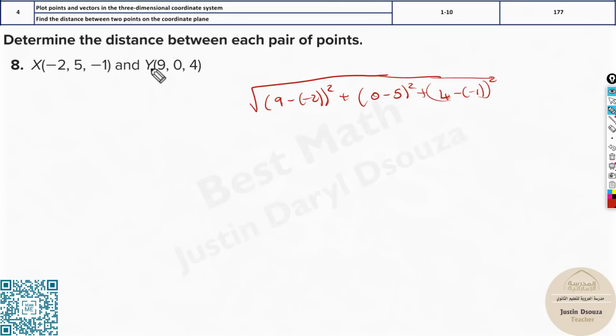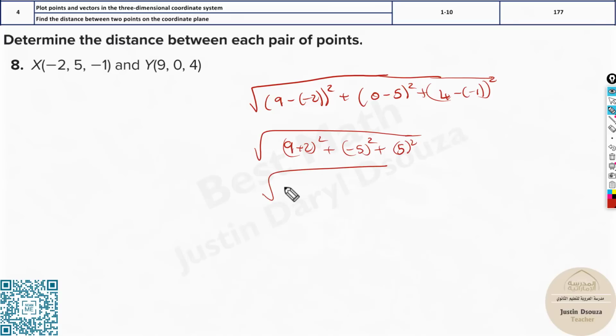Because it's x2, 9, minus x1. x1 is already minus, so we use the bracket. Now here 9 minus of minus will become plus 2, the whole squared, plus minus 5 the whole squared, plus 4 minus of minus 1 will be 5 whole squared. Now we have 9 plus 2 is 11 squared plus 20.